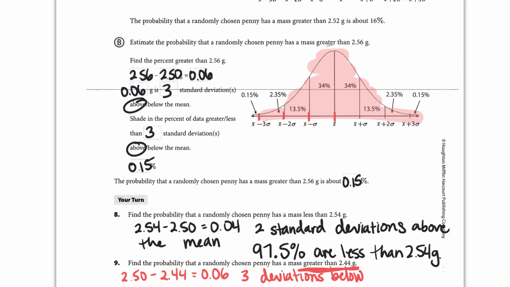You could also just take this piece off of 100 to figure out the total, or you can add all the shaded red percentages together.